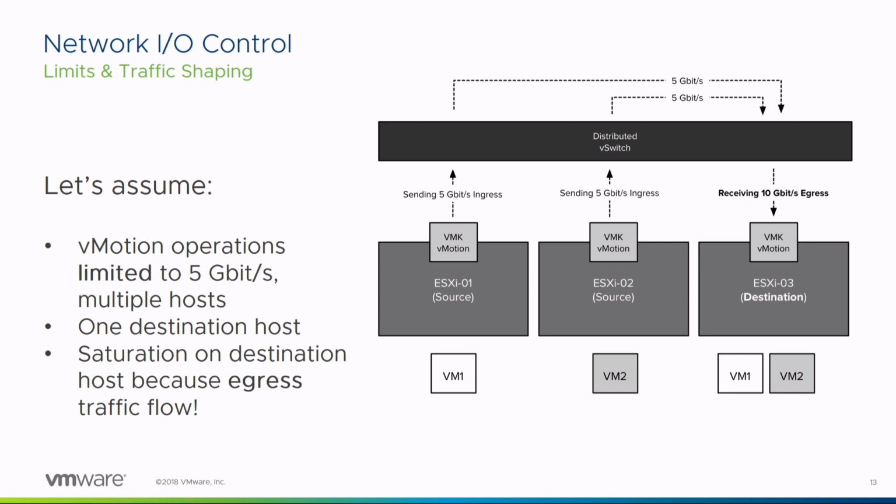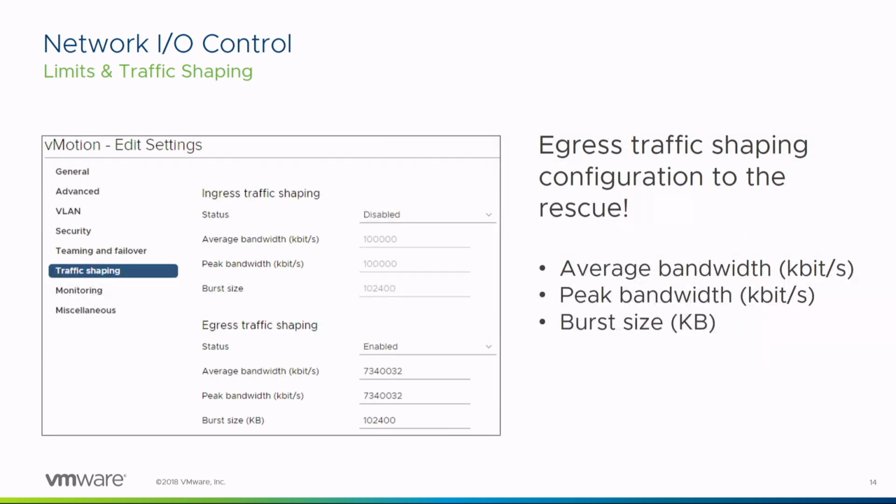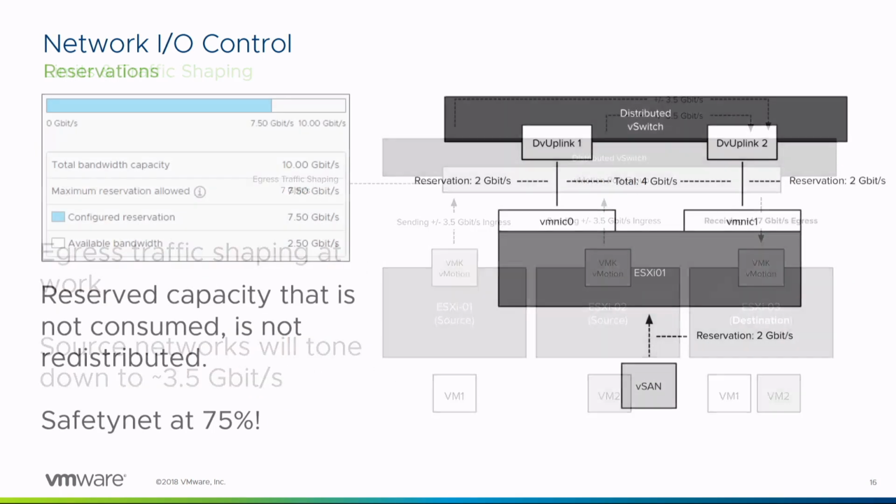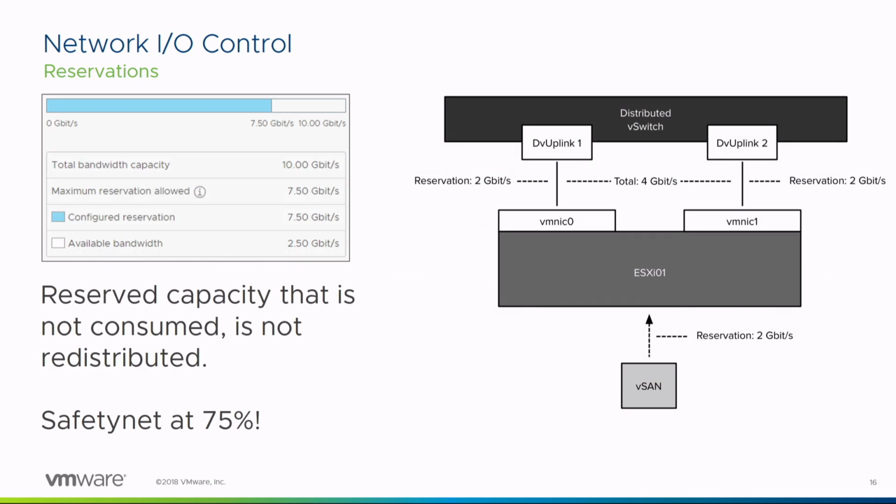So what we can do on that part is introduce another quality control mechanism within vSphere, and that is called traffic shaping. So in this specific scenario, we could opt to go for a configuration with egress traffic shaping. So we configured an average bandwidth of 7 gigs for egress traffic shaping, and that is used by the destination host.